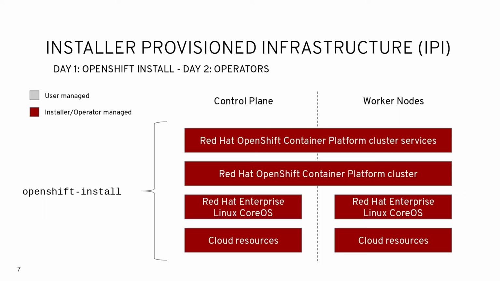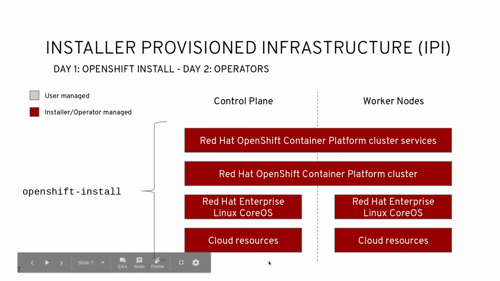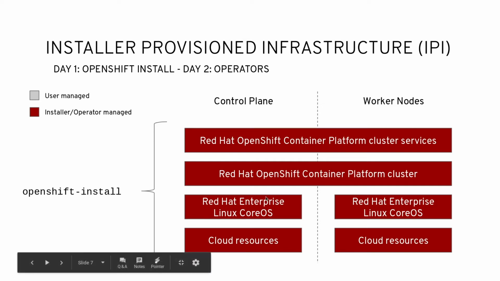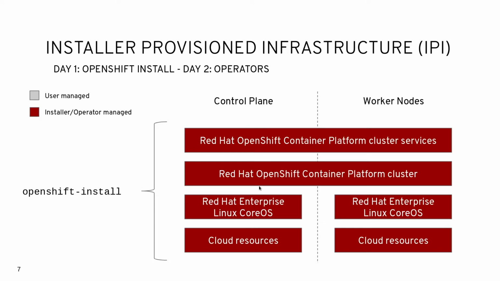Actually, I talk about it here on the slide. There is a new installer which installs the whole infrastructure, starting from the resources, so networking, the OS layer, storage, through the operating system, and up to all OpenShift components. There are two modes of this installer.